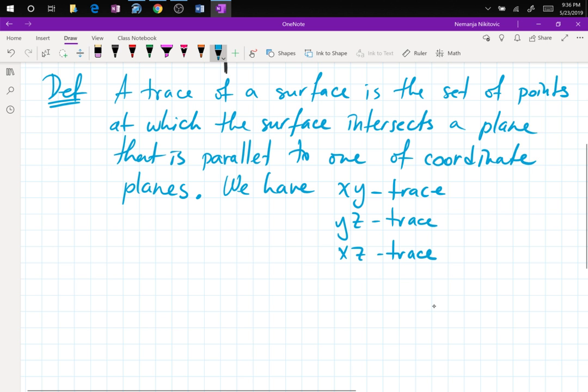That circle is going to be called the XY trace because I cut this with a plane that is parallel to the XY plane, which is the floor of this room. So we already agreed that our floor is XY because our X-axis was the one with the door, Y-axis is the one with the whiteboard here.